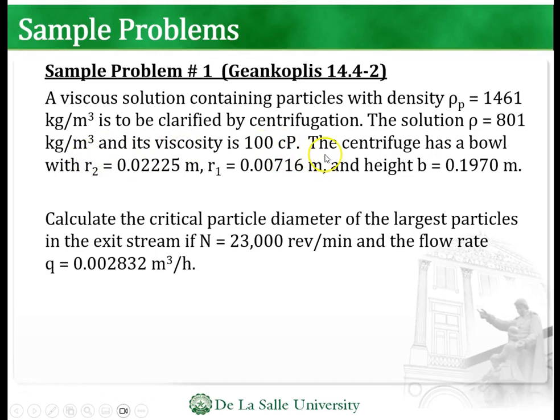The centrifuge has a bowl with radius of 0.02225 meters, radius 1 of 0.00716 meters, and a height B of 0.1970 meters. You're asked to calculate the critical particle diameter of the largest particles in the exit stream, given that the rotation is 23,000 revolutions per minute and that the flow rate at this point is 0.002832 cubic meters per hour.